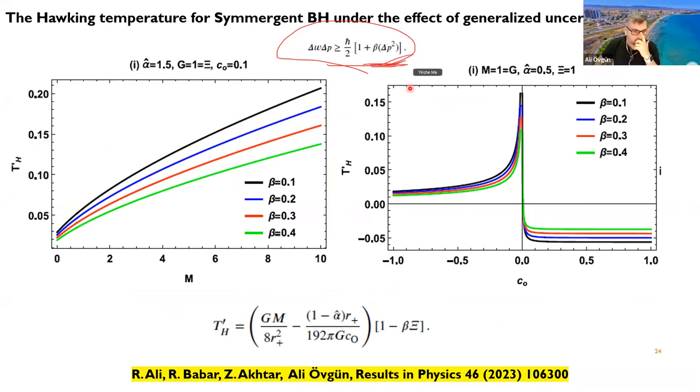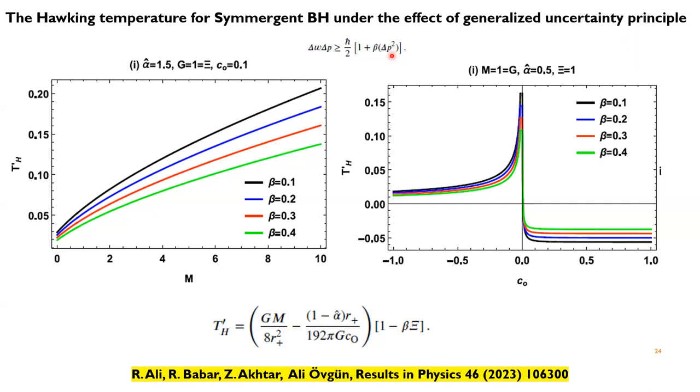If you look and check in the literature, there are many papers on the generalized uncertainty principle. So when beta is 0, as you see, it reduces to the normal uncertainty principle. And they guess that maybe there is a very small deviation from that.